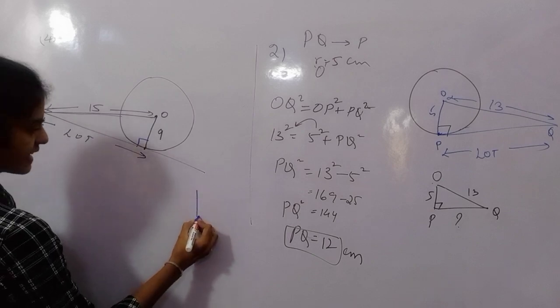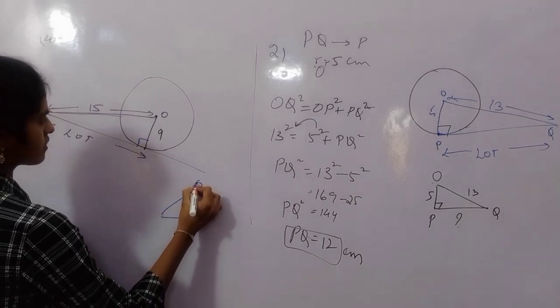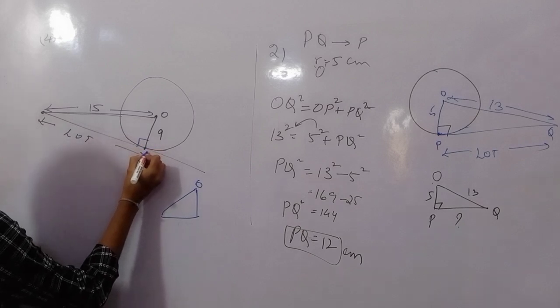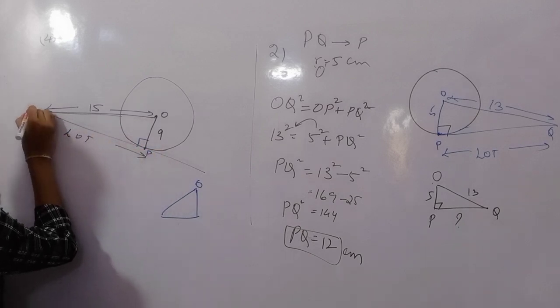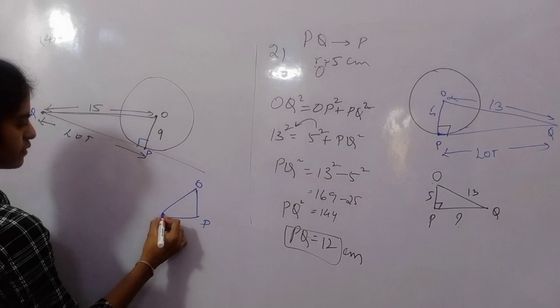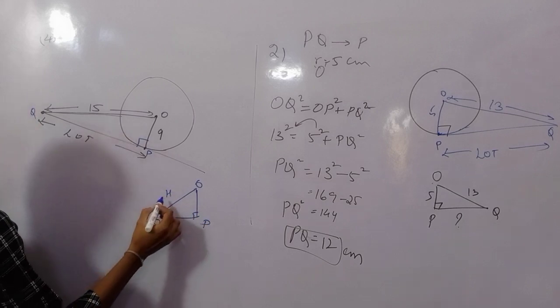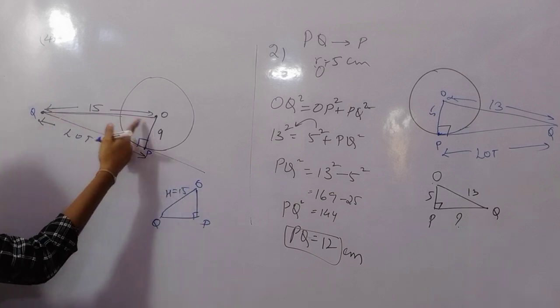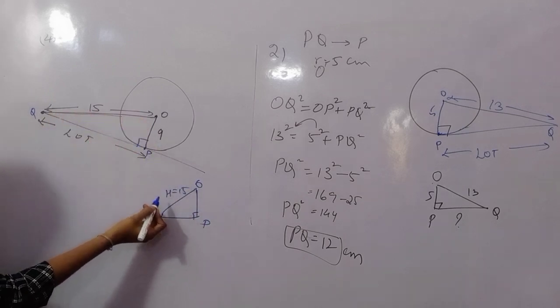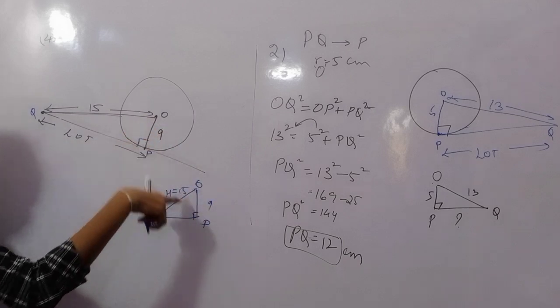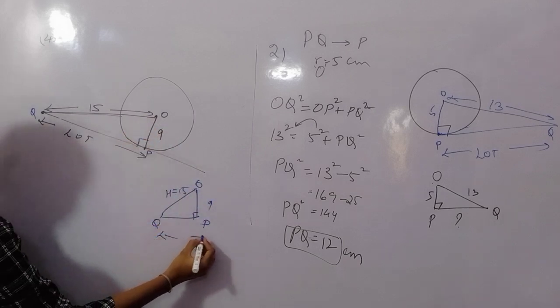So again, this is a right angle triangle. This is O. Let me take this as point P and Q. So this is P, this is Q, this is 90. This is my hypotenuse, which is 15. OQ is 15, and radius OP is 9. I have to find this length of tangent.